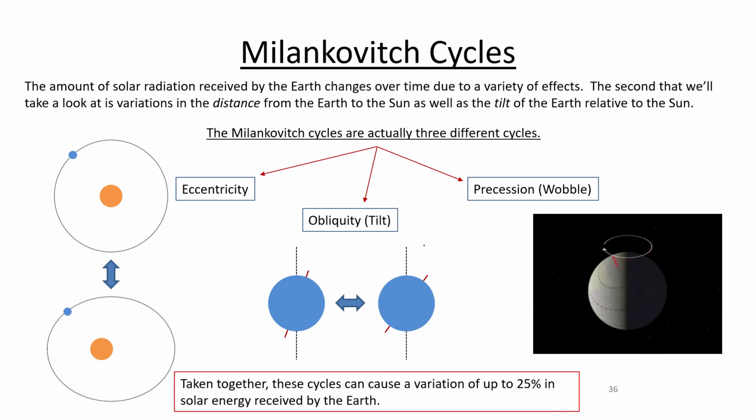But this doesn't make any sense, because you can get to more complex arguments, okay? But it doesn't make any sense on its face because of how long all of these cycles take. We're talking at least tens of thousands of years for these effects to take place. And from max to min, we're still talking about 25%. So if over the past 50, 100 years we're only going through a tiny, tiny fraction of one of these cycles, the actual amount of solar energy that hits the Earth is going to change very little.